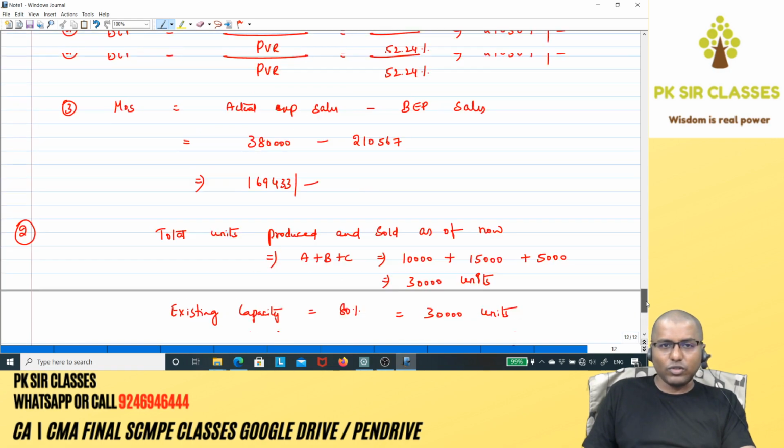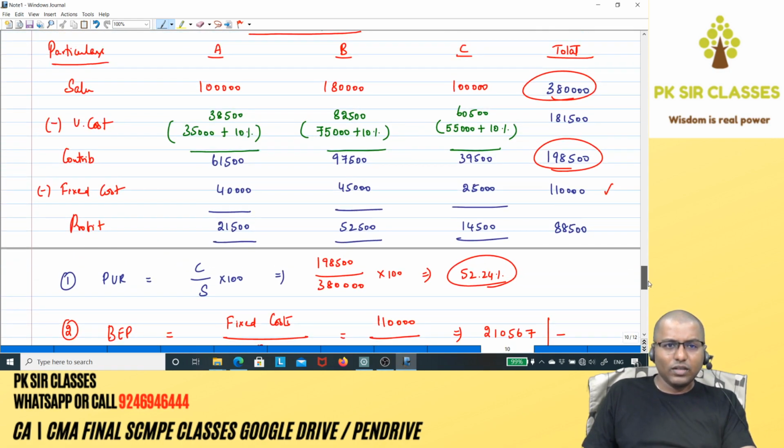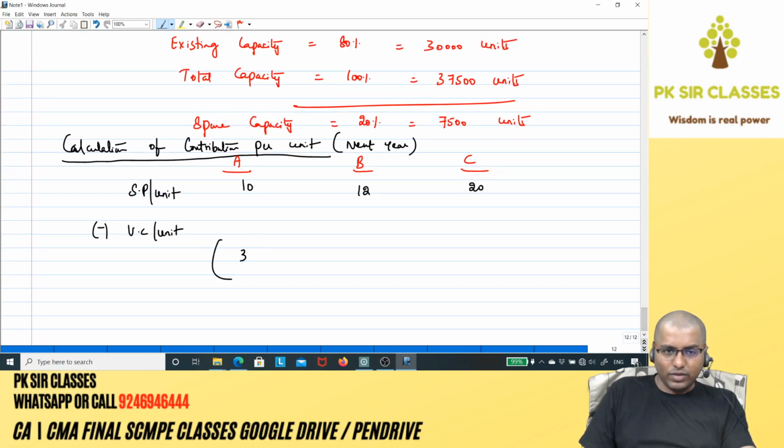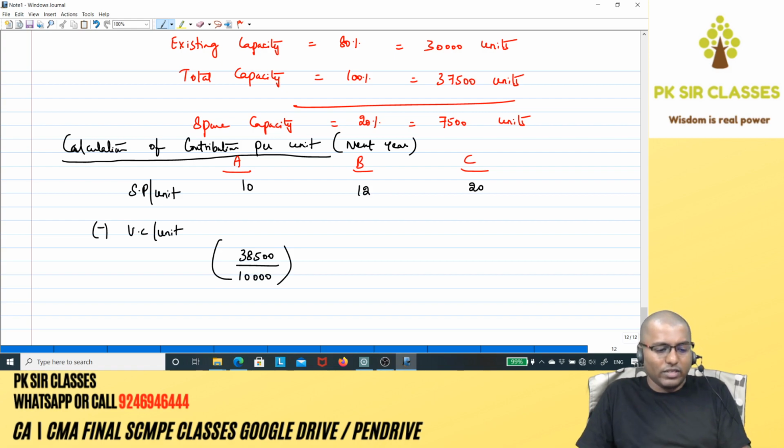What is the new variable cost of next year? 38,500 for A, the total divided by 10,000 units. So variable cost per unit is 3.85.